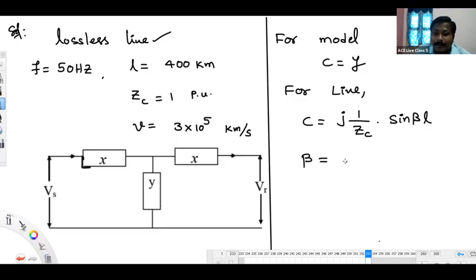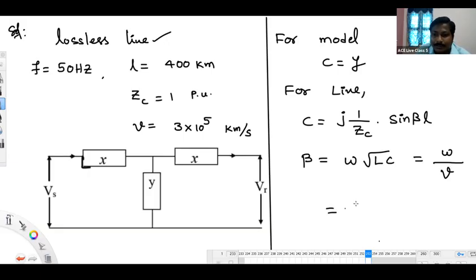What's the formula for beta? The formula for beta is ω√(LC), which is nothing but ω divided by the velocity of wave propagation. Because L and C values are not given, I'm going with the second choice, ω by velocity.